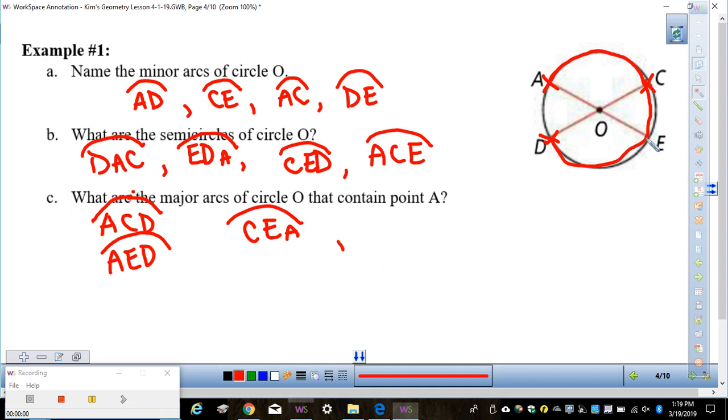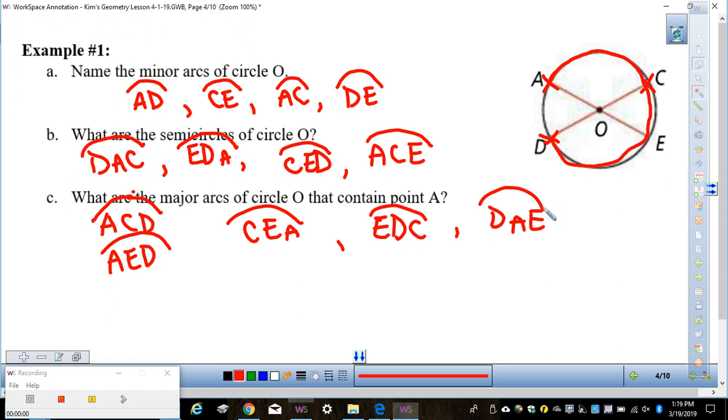I could also have E, D, and all the way around to C. If you notice, I'm changing what my starting point is. And last but not least, if we start at D, jump over A, and come all the way to E, D, A, E, that is my last major arc on circle O.